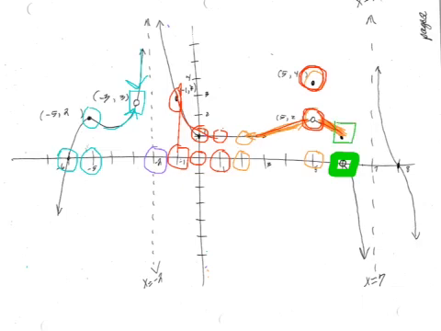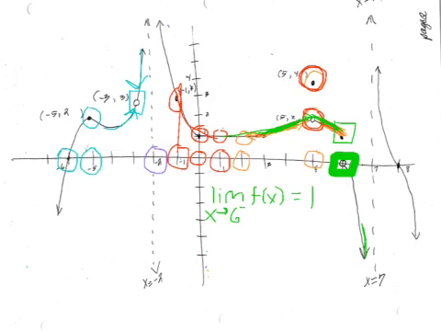So if we want to approach 6 from the negative side, we need to be coming from the negative direction of the graph, the negative x values. So we're coming in from the negative x values, and we're approaching x equals 6, and we have the y value of 1. So the limit as x approaches 6 from the negative side of the graph would be 1.